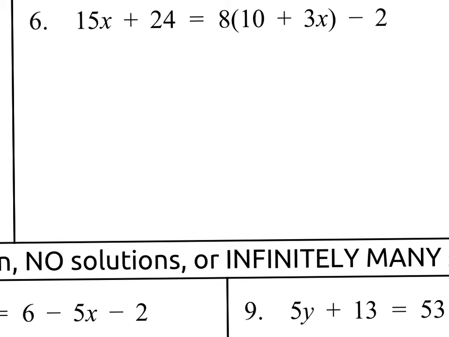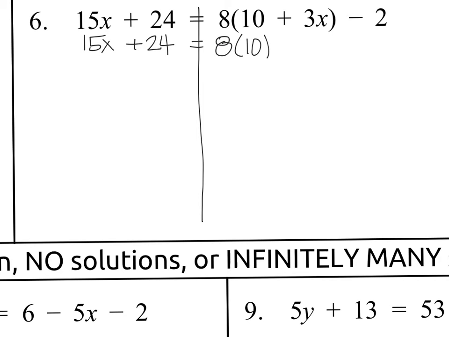Number 6 has a whole lot of stuff going on, folks. Well, but only on the right side of the equation. On the left side of the equation, all you got to do is write 15x plus 24 equals, what are we doing? Distributing 8 times 10 plus 8 times 3x.